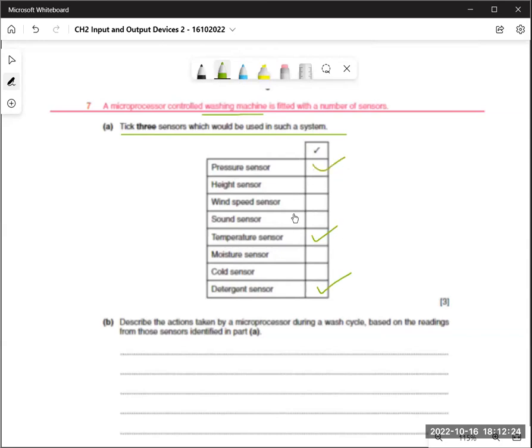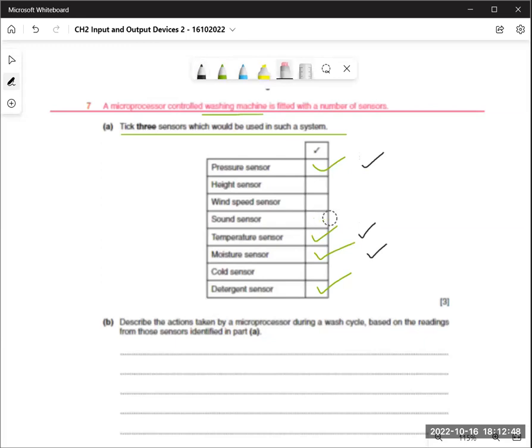Zara, would you like to add anything or change anything? Moisture sensor also. Sound sensor. Okay. Moisture sensor. I'll give you the answer now. This is correct. This is correct. This is correct. Now, sound sensor is not used inside a washing machine. Why would it need to hear what you're doing?